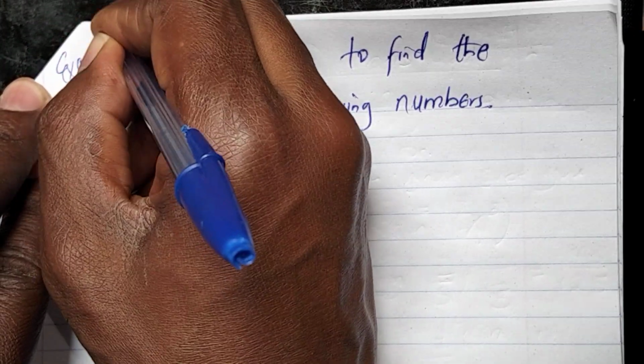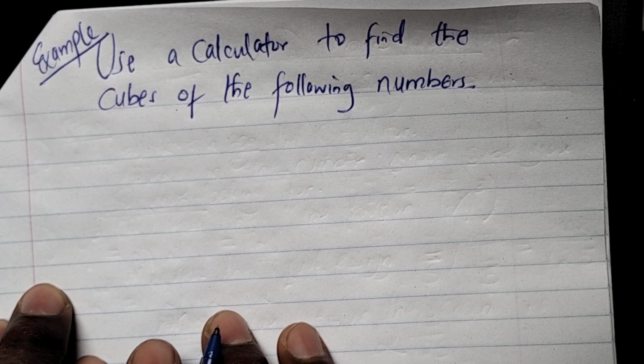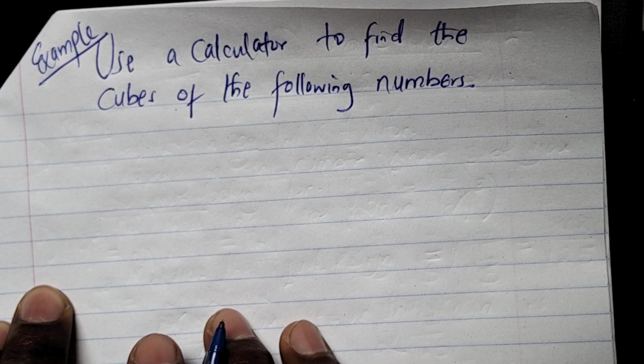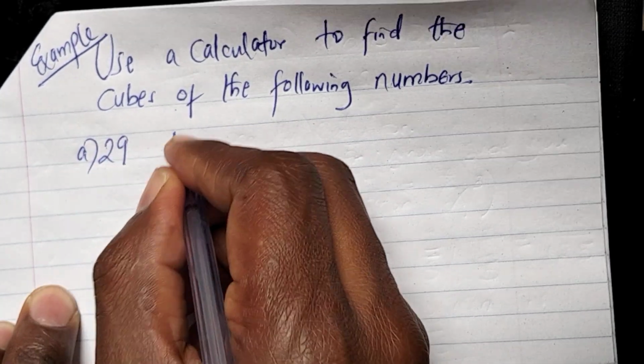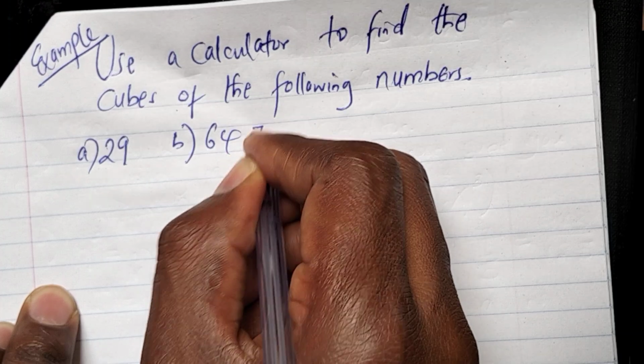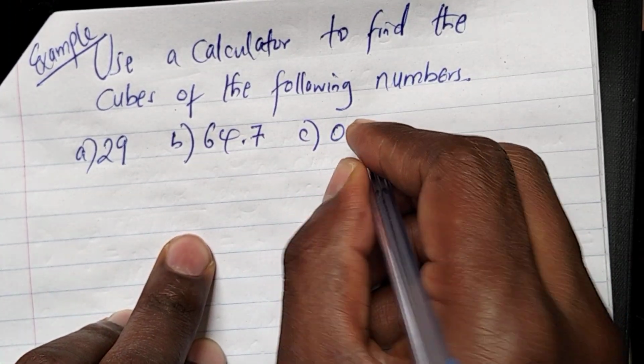A, 29; B, 64.7; C, 0.0394; and probably D, 1/3. Make good use of the brackets.